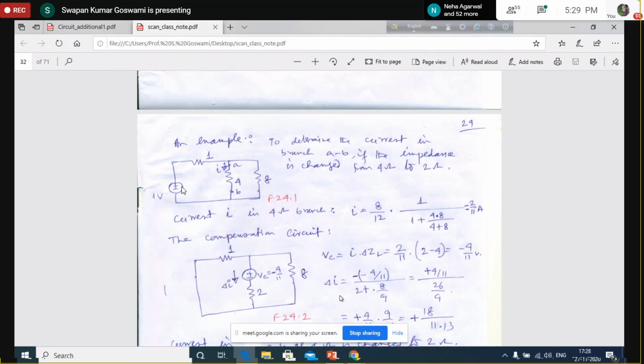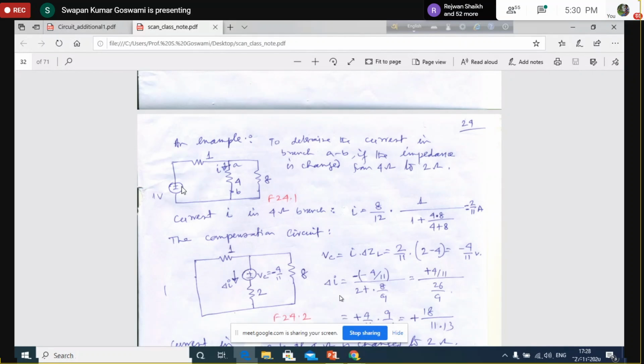This is the statement. That means a network is said to be reciprocal or bilateral if you can change the position of the source and response. Could you understand? In a reciprocal network, if the magnitude of the source remains the same, the response value also remains the same.